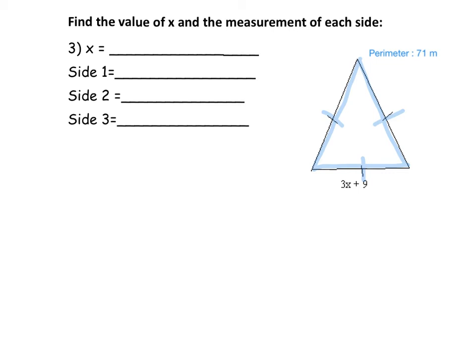So when we write our equation, we have three sides at 3x plus 9, and it's going to equal 71. Or if we prefer, we can do 3x plus 9 and add it 3 times.